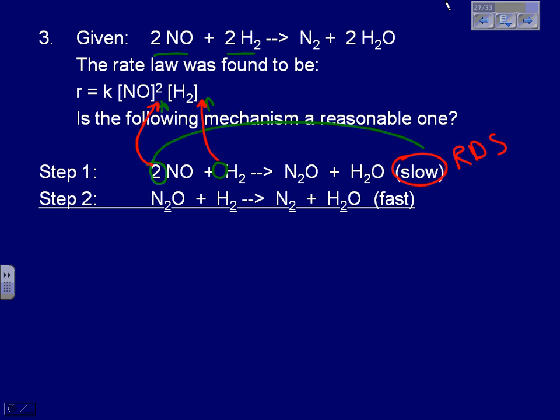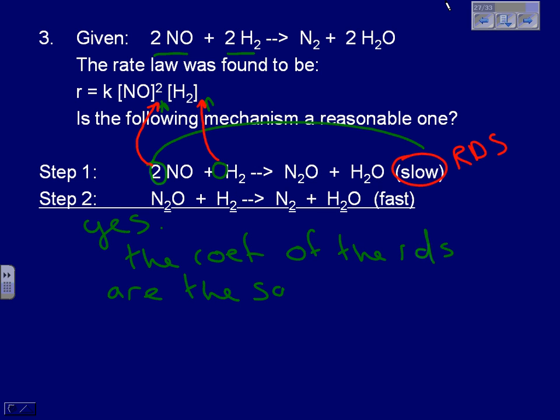I would say yes. All right? The coefficients of the rate determining step are the same as the exponents in the rate law. It does make sense. It is reasonable.